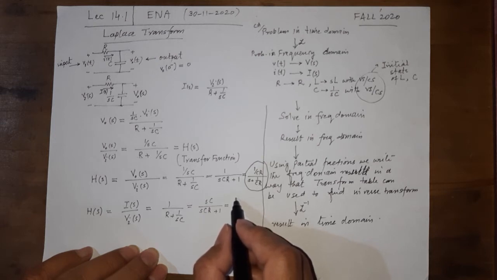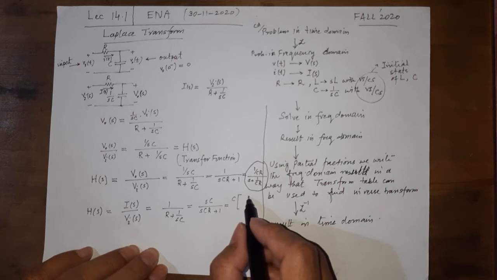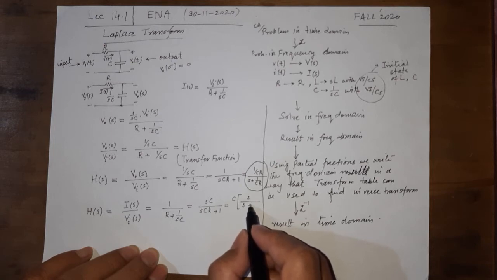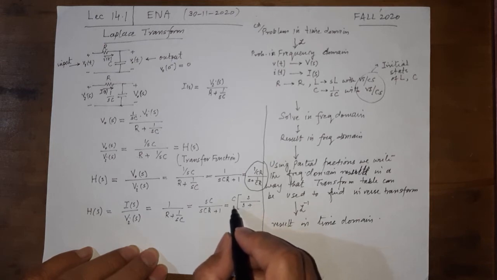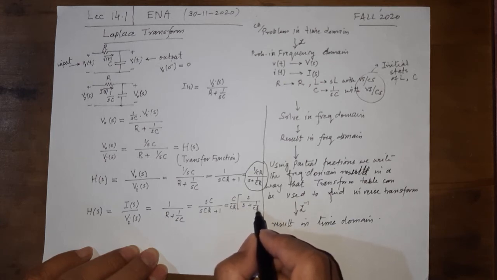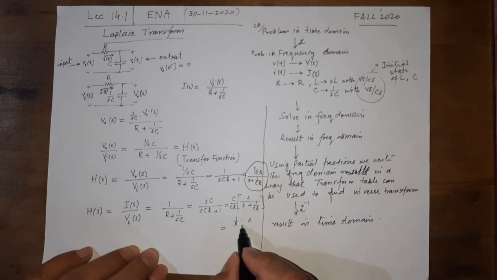C is a constant, so we can take it out, and we have S over, with S having the coefficient 1, which requires us to take CR out, and we get 1 over CR here, which is actually equal to 1 over R into S over S plus 1 over CR.